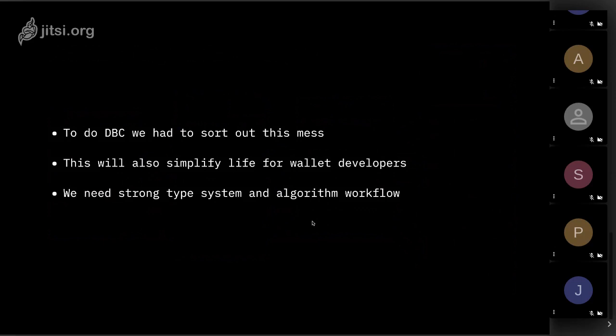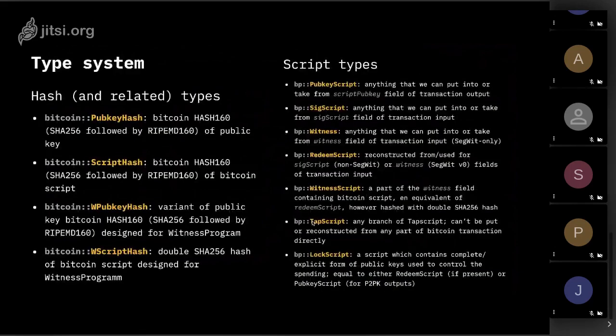So what we ended up with is that basically I have designed a strong type system and algorithm workflow. Here is the type system. There are types related to hashes, and these types are already in Rust Bitcoin, and that was the type system I was talking about at the beginning of today's call.